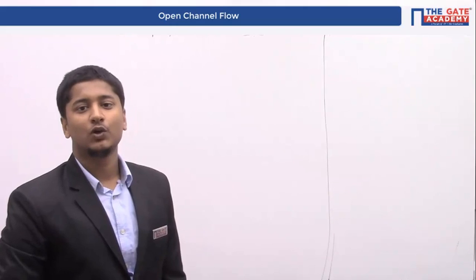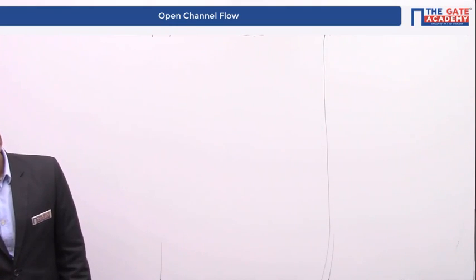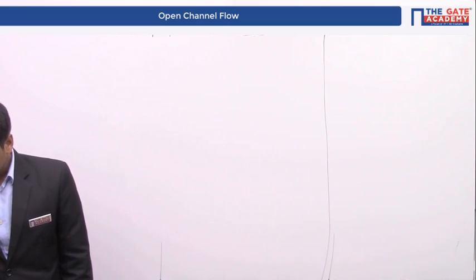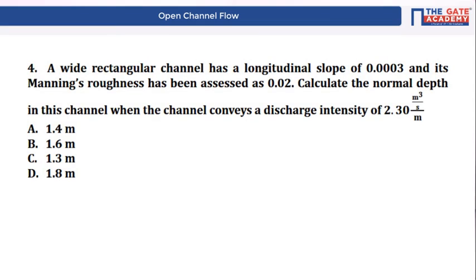So now we will go to the fourth question that is on your board. The fourth question is: a wide rectangular channel has a longitudinal slope of 0.0003, and its Manning's roughness has been assessed as 0.02.